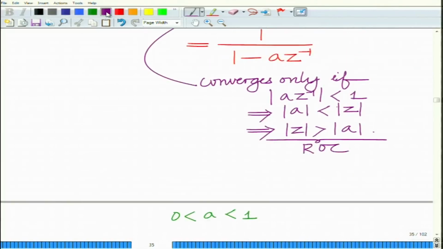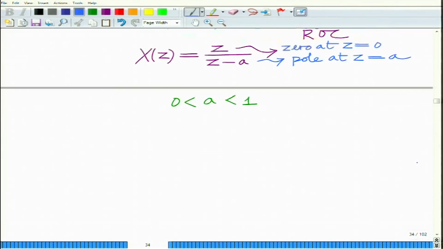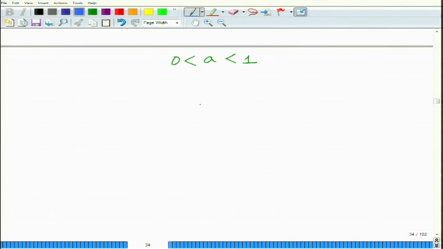If you look at X(z) equals z over z minus a, this has a zero, that is a root of the numerator, at z equal to 0, and a pole, that is a root of the denominator, at z equal to a, and I can plot this in the z plane.